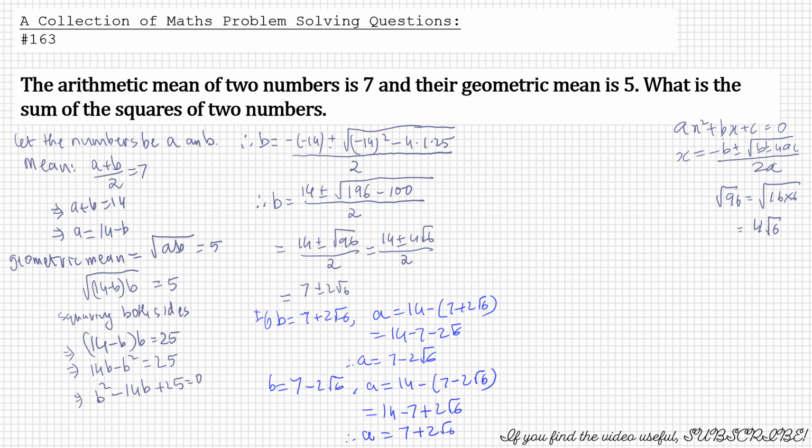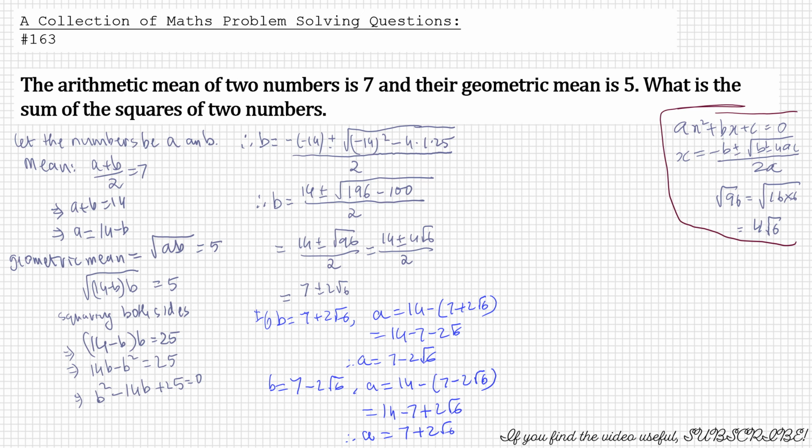And that is a. So it depends on what value of b you take, but whatever it is, because they're asking us the sum of the squares of the two numbers, it doesn't really matter. They're not interested in what value of a or b you've taken. So, not to be confused with this part, it's separate.